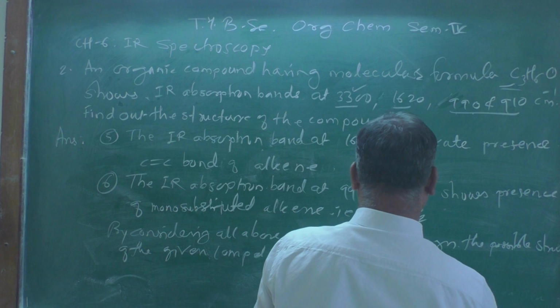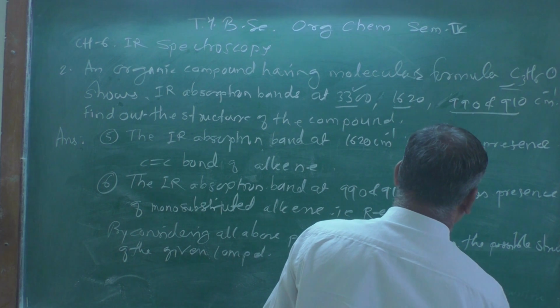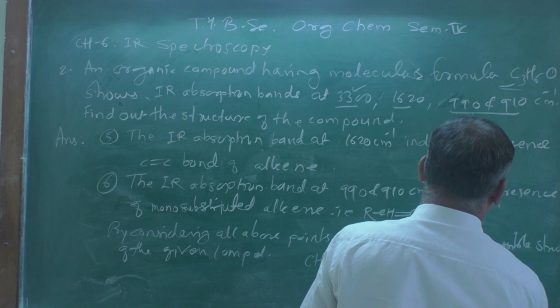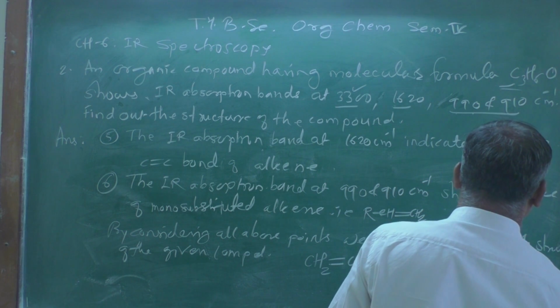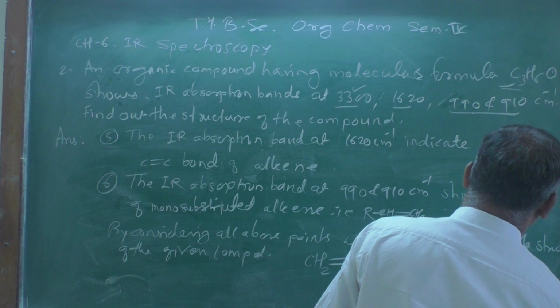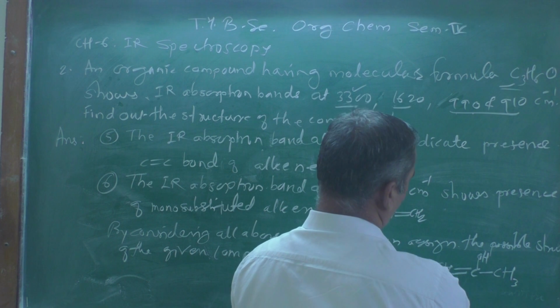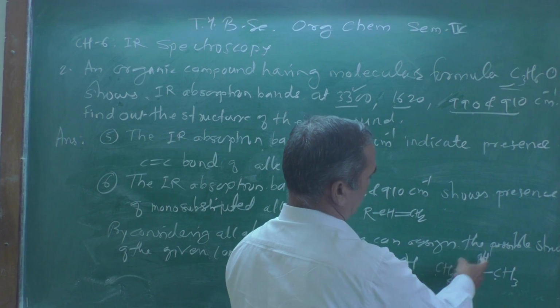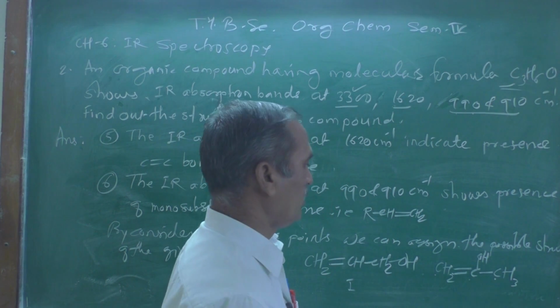Another possibility: CH2 double bond C, then OH, then CH3. Again 3 carbon atoms, 6 hydrogen atoms.